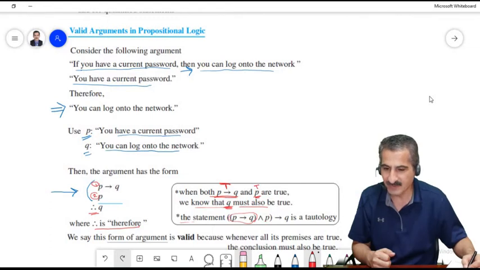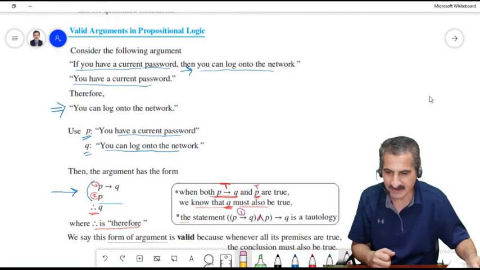Let me write that again. You have this statement number 1, and this is the important thing: statement number 1 and statement number 2 give me the conclusion Q. So this is a tautology.